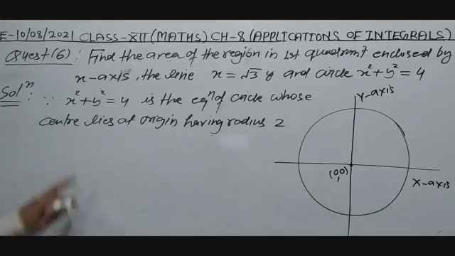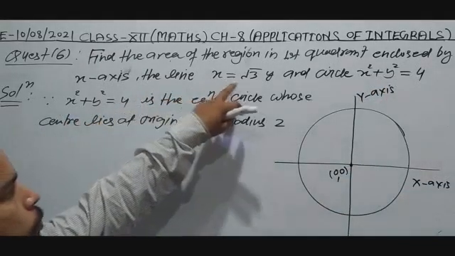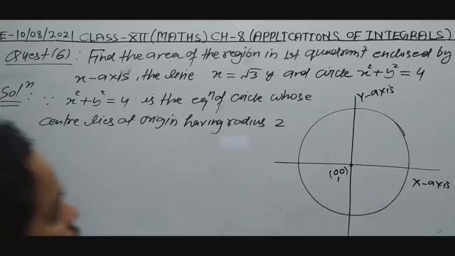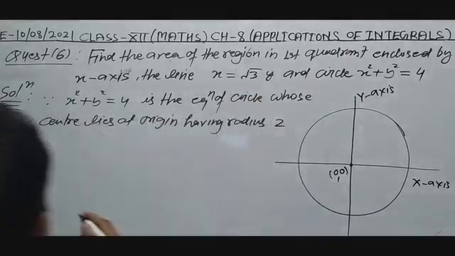And the line x is equal to root 3y. When you convert it in y is equal to mx plus c format, y is equal to 1 by root 3 x and the y intercept is 0. The slope 1 by root 3 means the line is making an angle of 30 degree with the positive direction of x-axis and passing through origin.